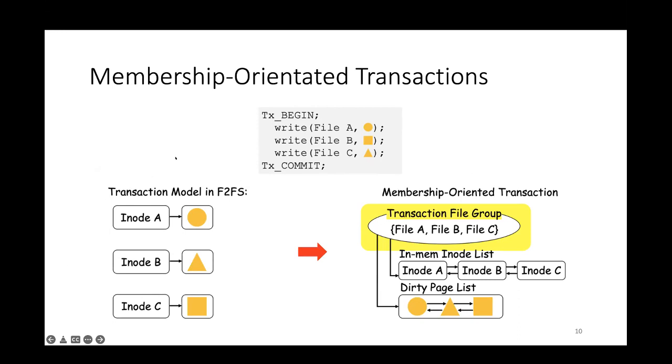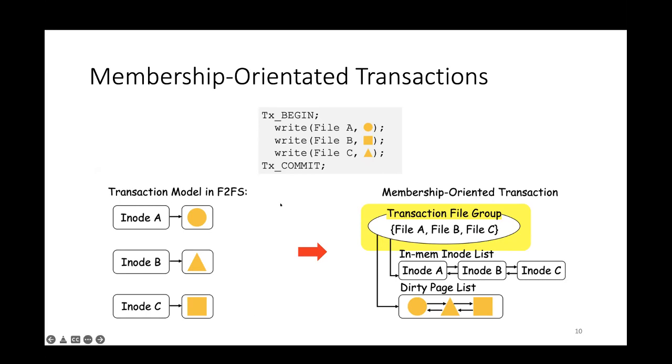And on the left, how it looks in F2FS is that when we modify the page of something, the dirty pages are stored per inode. So fundamentally, we can't support a multi-file transaction because it's just per file, at least in the current version of F2FS.